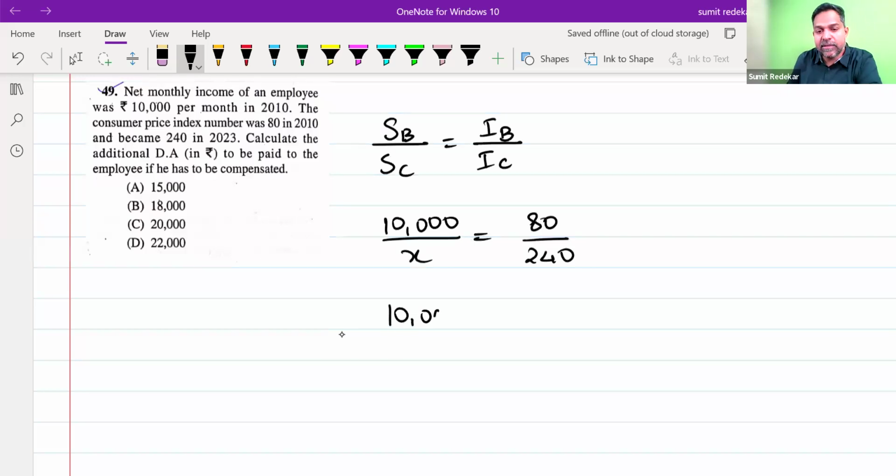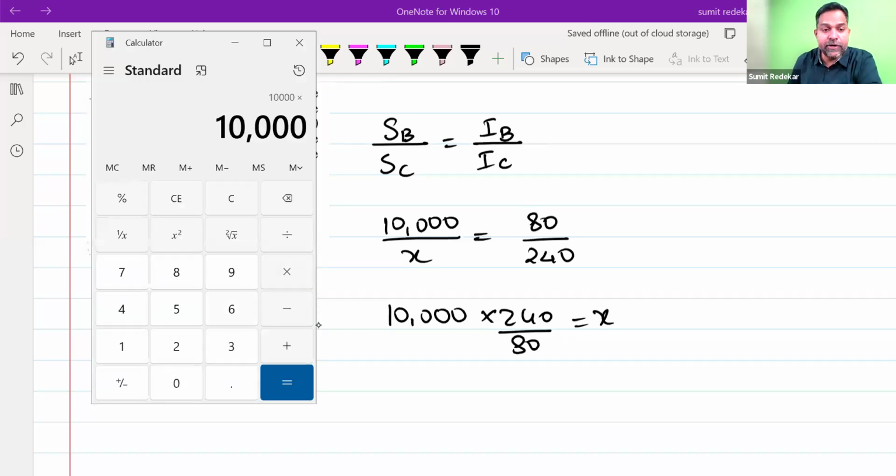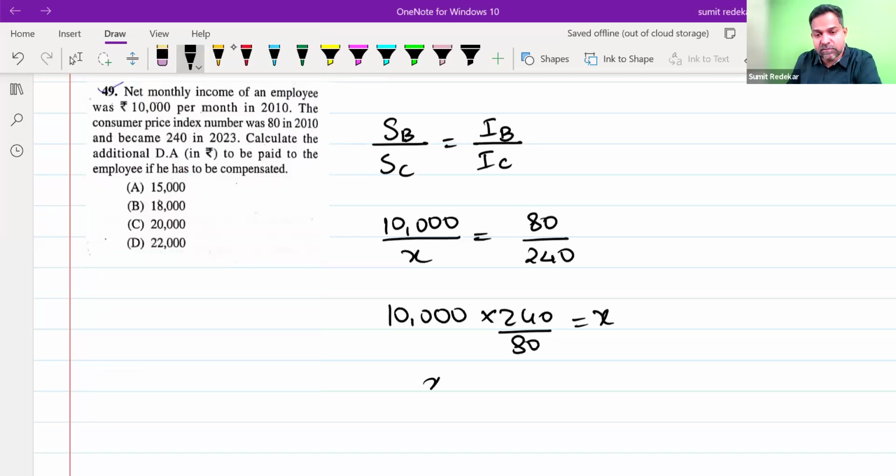Cross multiply: 10,000 into 240 upon 80 is X. In your calculators, 10,000 into 240, divide that by 80, and the answer is 30,000. X is 30,000. So that person's salary should be 30,000.